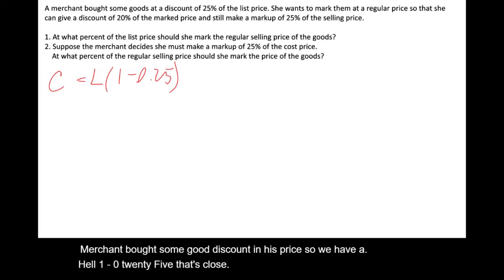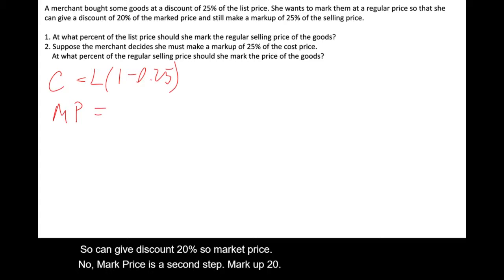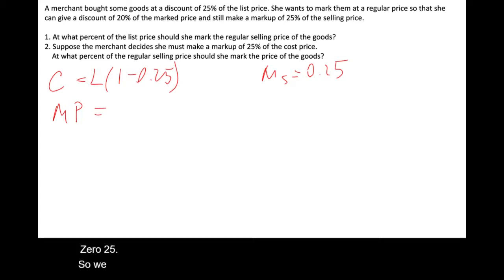So she can give a discount of 20%. So marked price. No, marked price is the second step. Markup is 25% of selling price. So M as 0.25, right? So we need to find M over S.